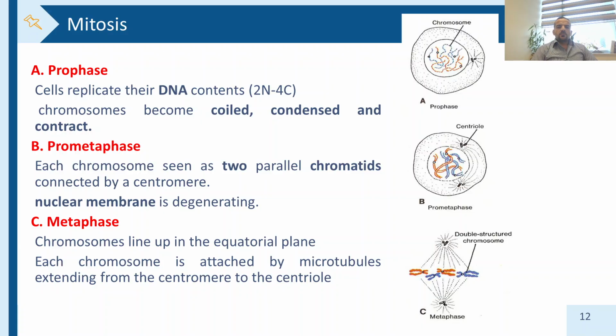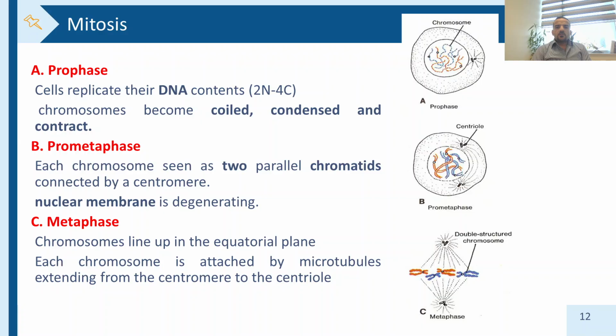The chromosomes will be coiled, condensed and contract. بالبروميتافيز the chromosomes will be seen as two parallel chromatids، يعني under the microscope بعد أن صار contraction and condensation الكروموسوم will be seen as two chromatids. والstructure اللي يربط between the two chromatids we call it centromere. The nuclear membrane starts to degenerate in this stage.